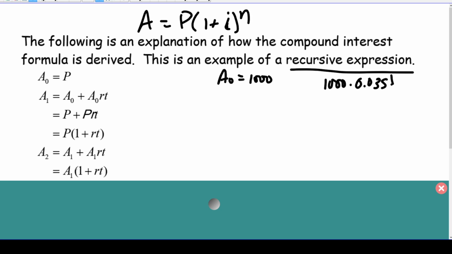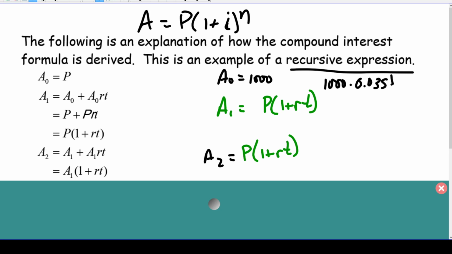Wouldn't we end up with A1 times 1 plus RT? But A1 was equal to P times 1 plus RT. Wouldn't that mean that A2 becomes P times 1 plus RT, times 1 plus RT?